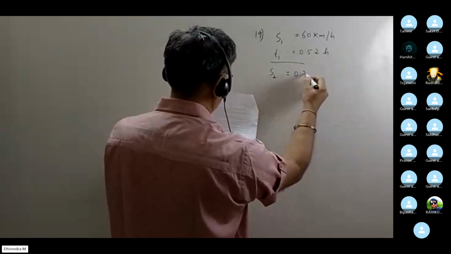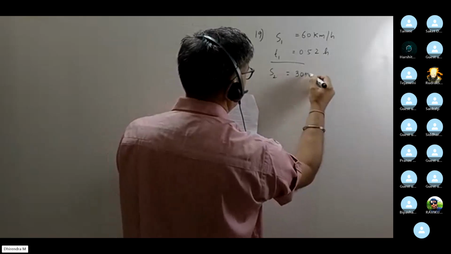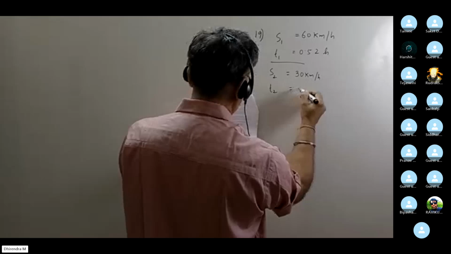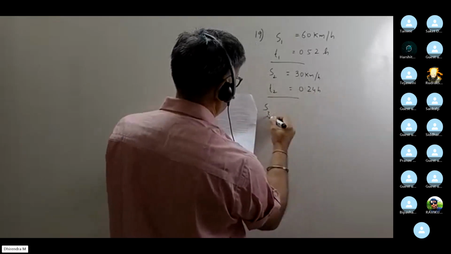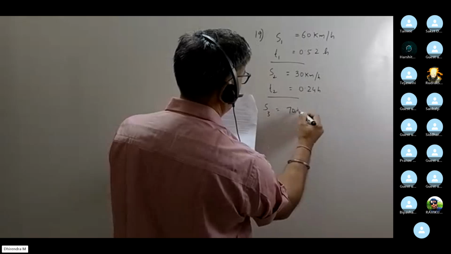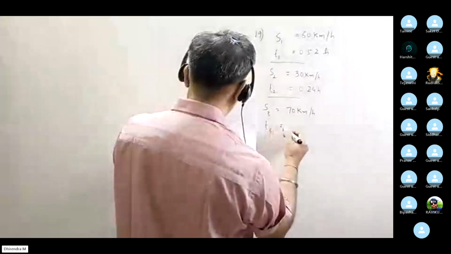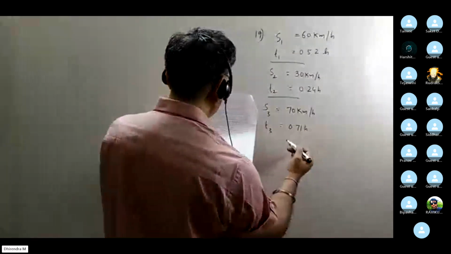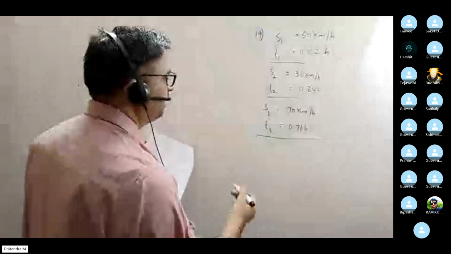Speed 2 is 30 kilometer per hour, and time 2 is given as 0.24 hours. The third part of the journey, 70 kilometer per hour, and time 3 is 0.7 hour. What is the average speed of the train?